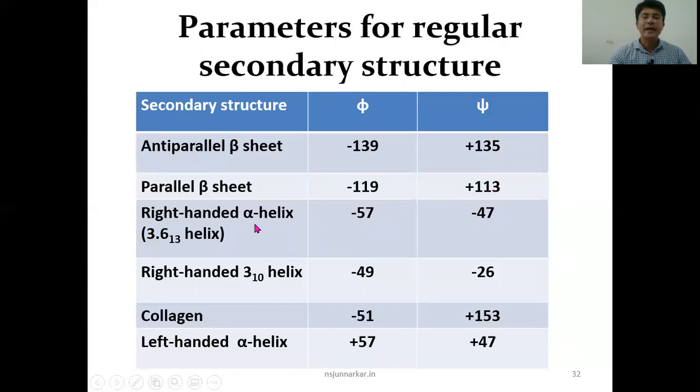Right-handed alpha helix has minus 57 phi value and minus 47 degrees psi value. Likewise, all the others are shown. Left-handed alpha helix has a phi value of plus 57 degrees and psi value of plus 47 degrees. So this was about the Ramachandran plots.